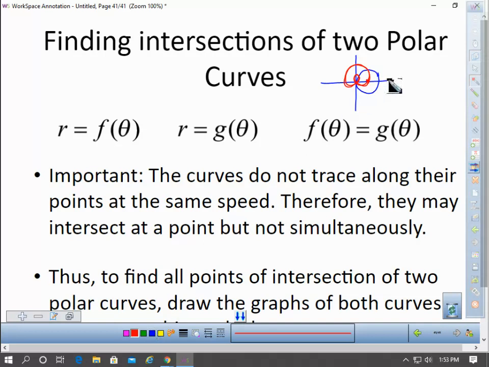The circle is starting here at the right-hand side, and it's going around just like this. So we do see an obvious intersection point right here.